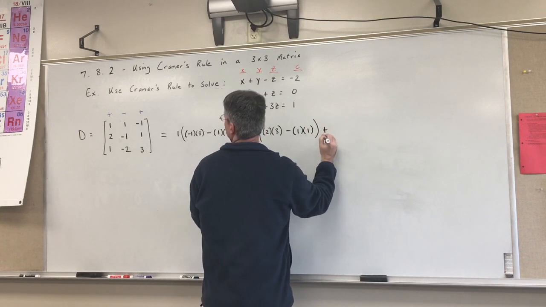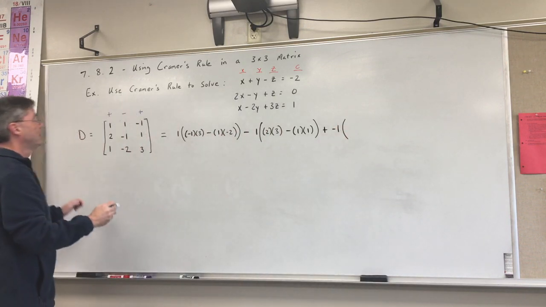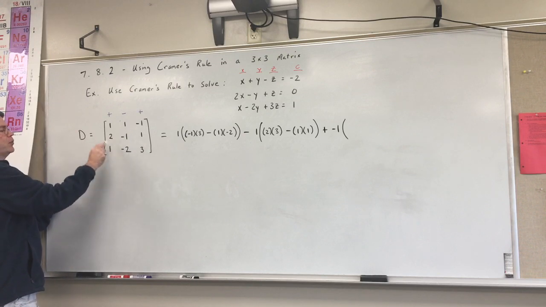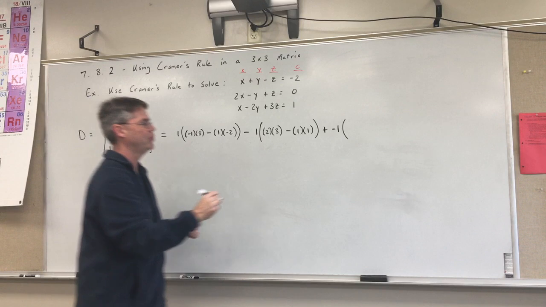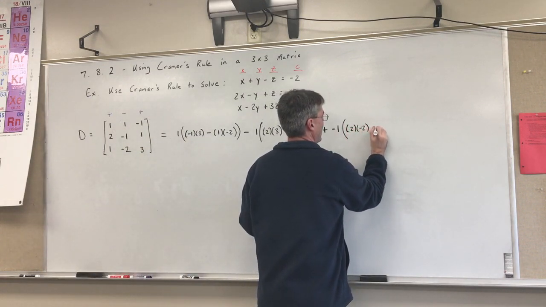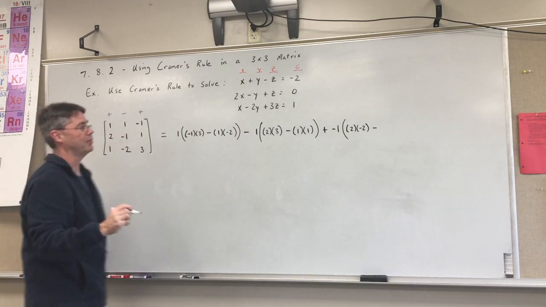And then plus, our last one is -1. So we have -1 here, and then our 2 by 2 matrix is right here. So we'd have 2 times -2 minus -1 times 1.